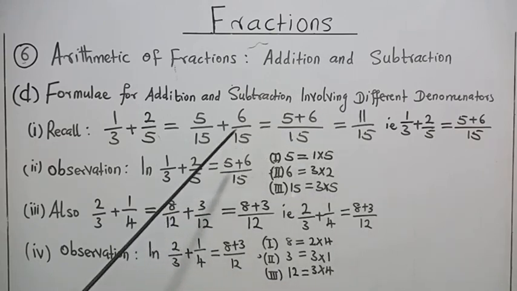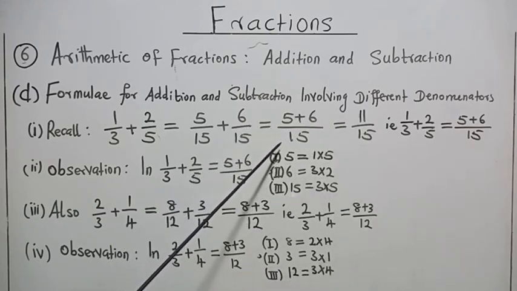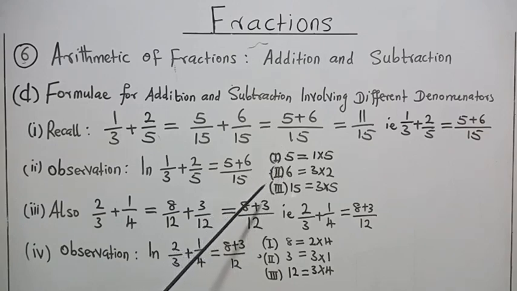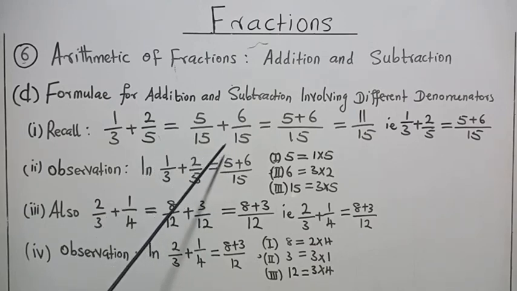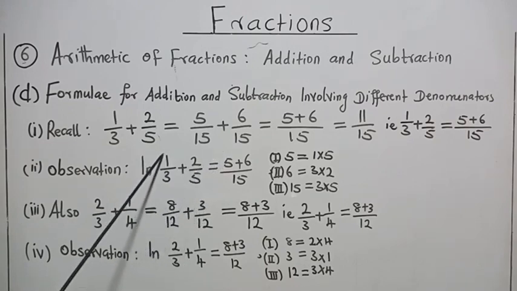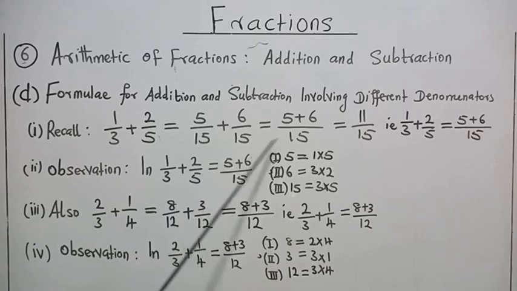All right, don't forget my observations in the first instance. Let us do similar observations in this second one. As a reminder, in the first one I said, could it be that this 5 is gotten by saying 1 times 5?